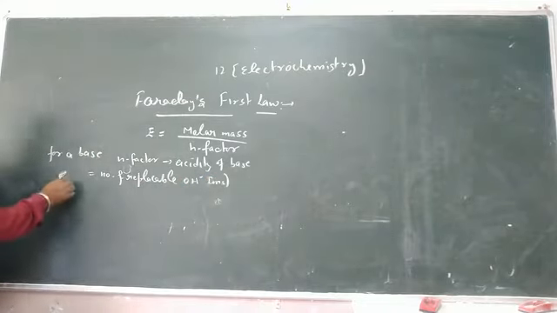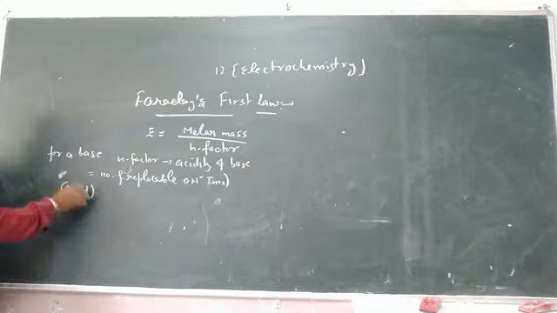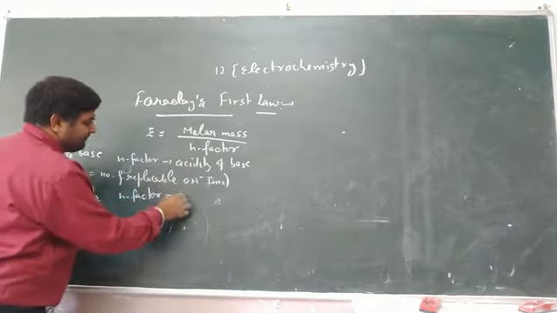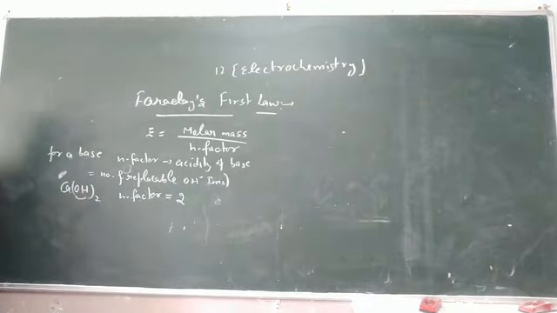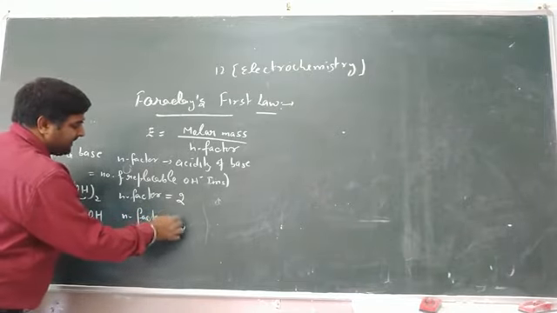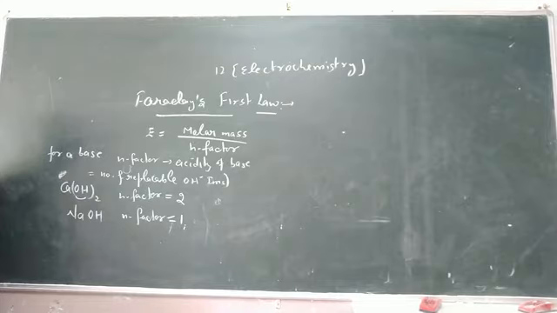For example, for calcium hydroxide, n factor will be 2 because it has 2 OH. For sodium hydroxide, we say its n factor is equal to 1.